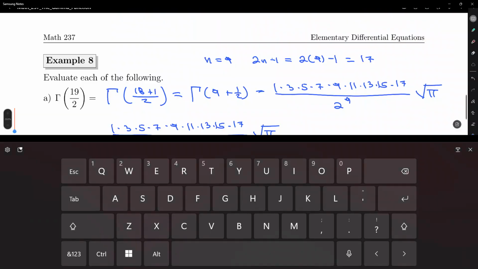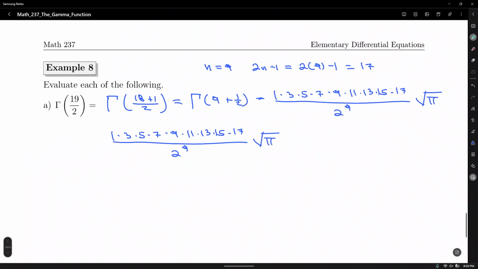I'm going to multiply all the missing integers: 2 times 4 times 6 times 8 times 10 times 12 times 14 times 16. And then we're going to divide by the same number, because if we multiply by one quantity, we divide by the same quantity.